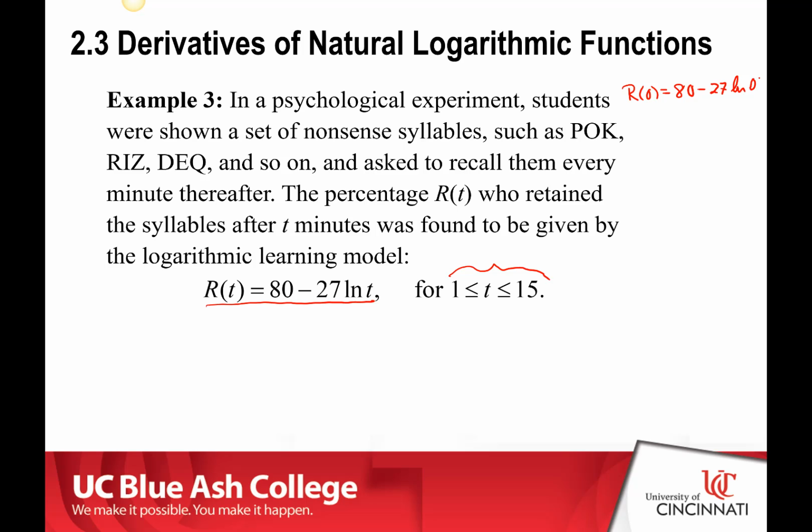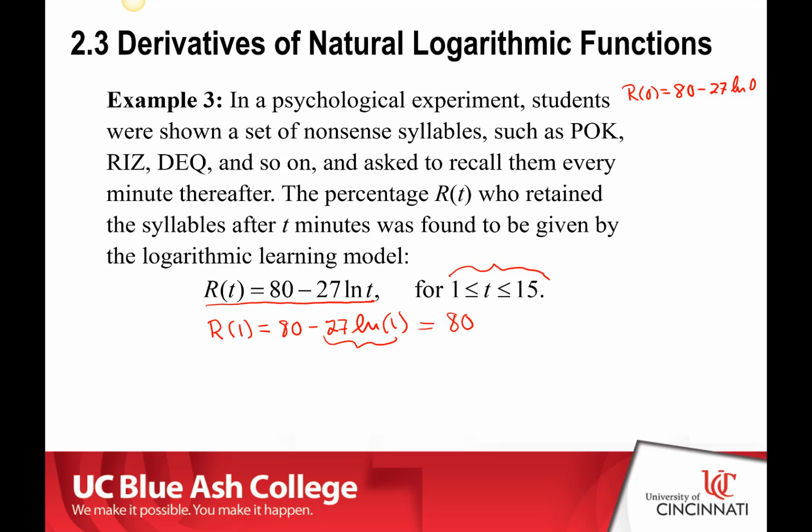Now, if we do something like R of 1, let's understand what this thing's given us. R of 1 is going to be 80 minus 27 times the natural log of 1. This is fairly straightforward to do because what is the value of natural log of 1? 0. So that means we're going to have 27 times 0, and this is going to work out to be 80. Now here's where things get a little bit tricky.